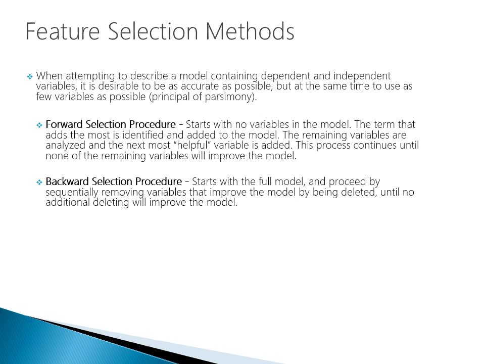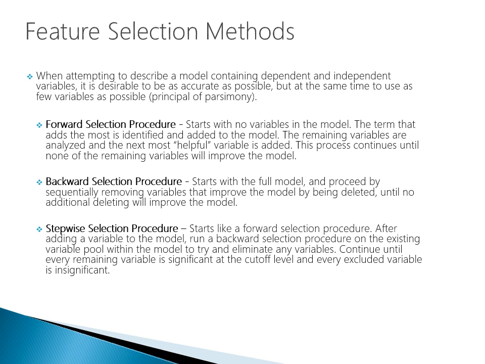On the other hand, a backward selection procedure starts with all of the variables included in a model and then proceeds by sequentially removing variables one by one, until no additional deleting of variables will improve the model. A third approach is a hybrid, called the stepwise selection procedure.